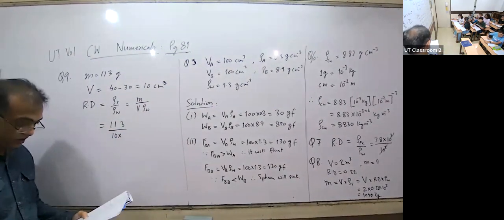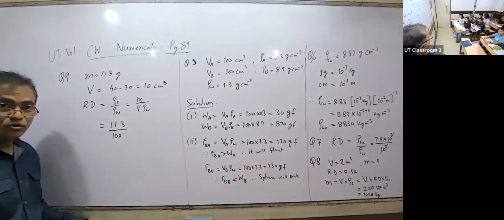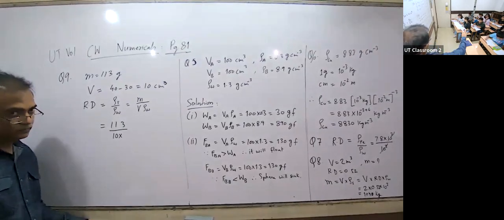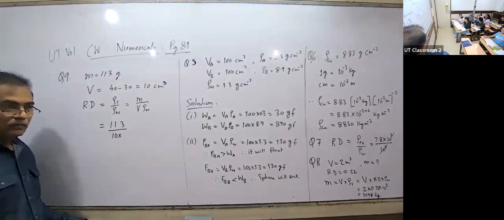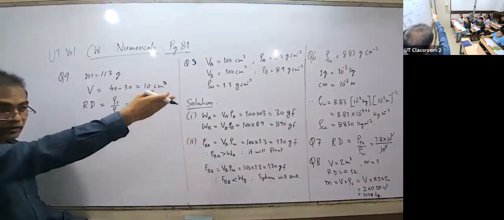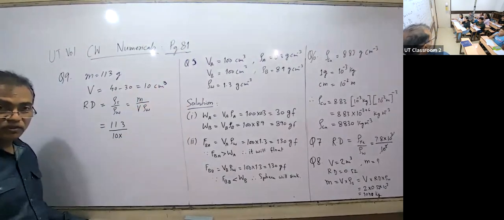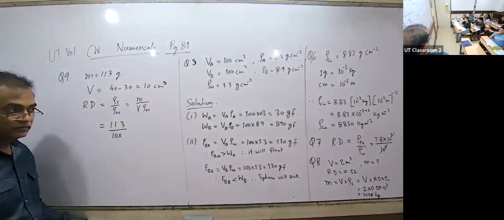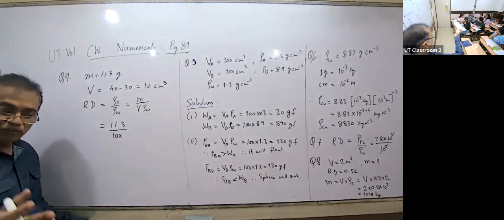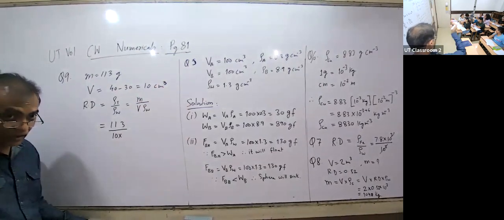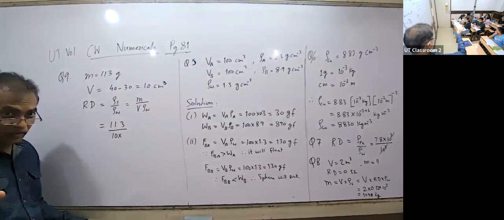It's not given in the question, so you should know it. Look at the board, it's written on the board somewhere. So you remember, what is density of water? 1000 kg per meter cube.